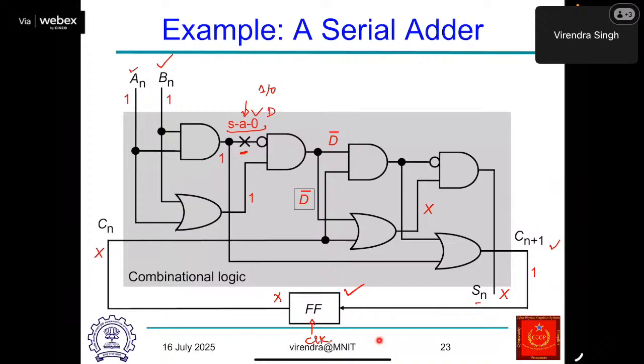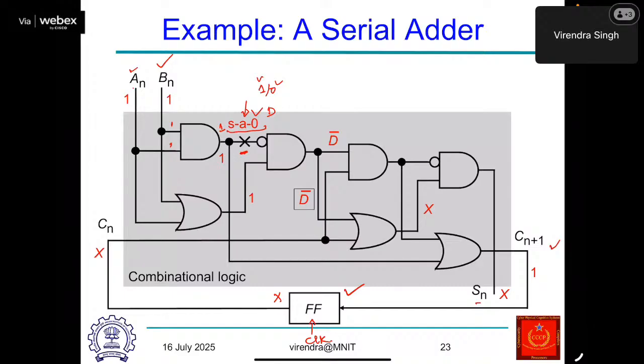Therefore, that will set the value at the fault site equal to 1. If I get value at fault site equal to 1, then after this fault site the value would be 1 if there is no fault, and 0 if there is a fault. Right? So I can get distinguishable faulty and fault free behavior.